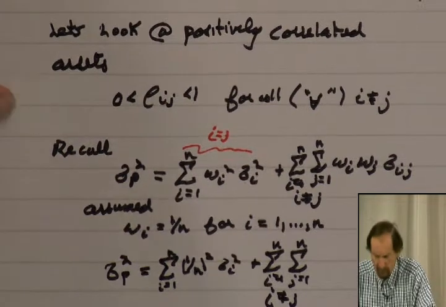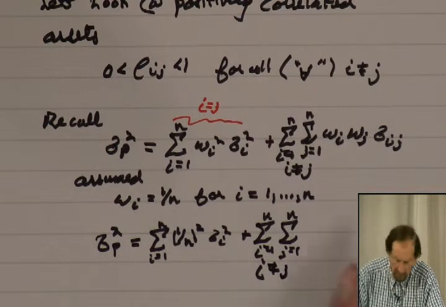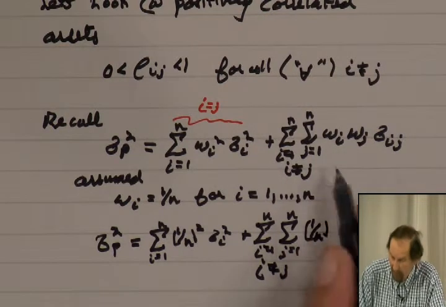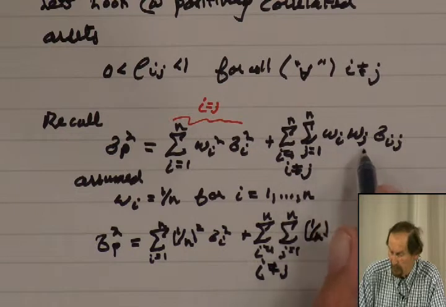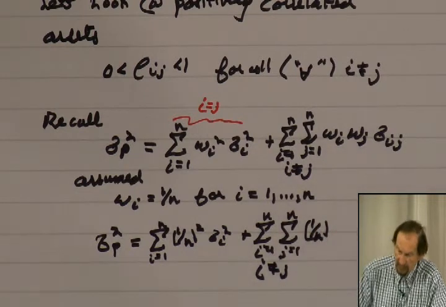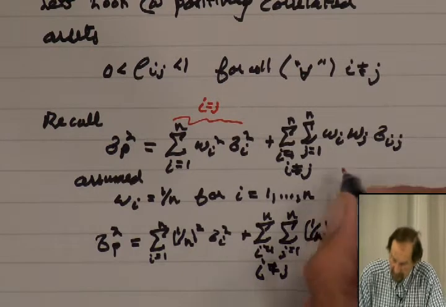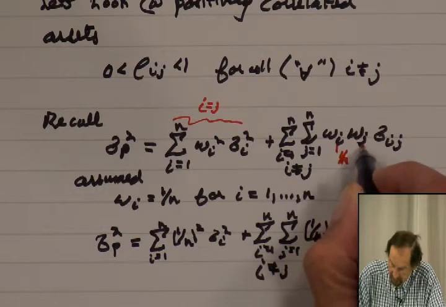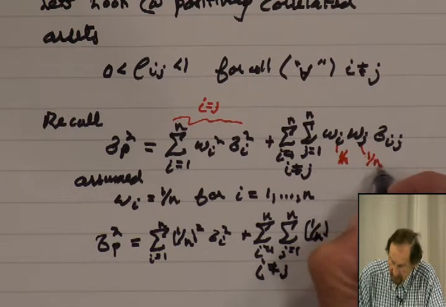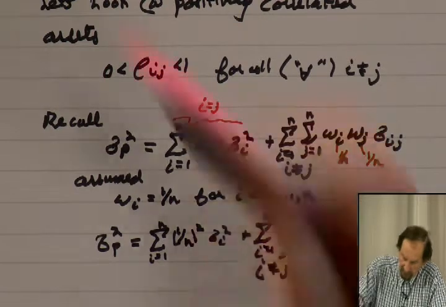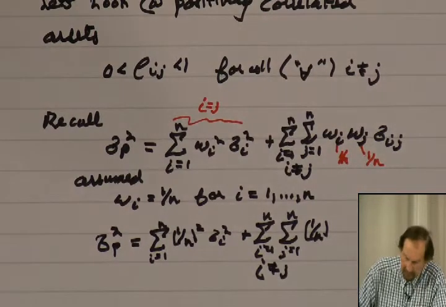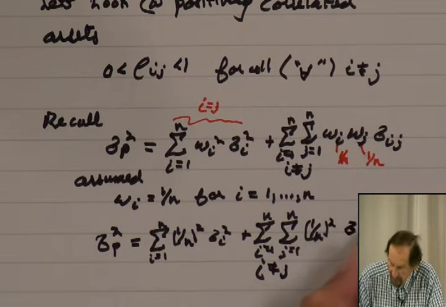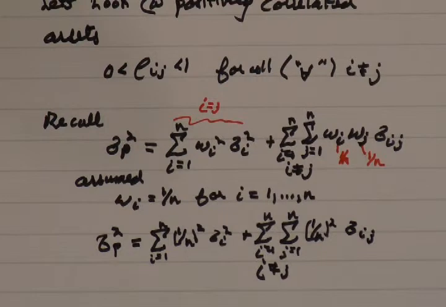Again we have 1 over n squared because wi is equal to 1 over n, wj is equal to 1 over n, times sigma ij.